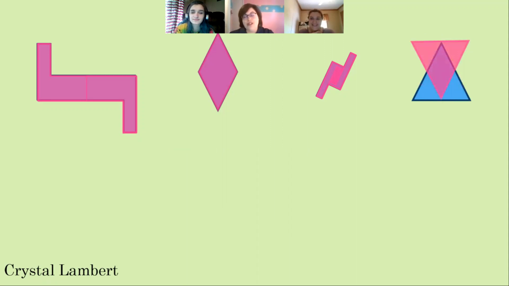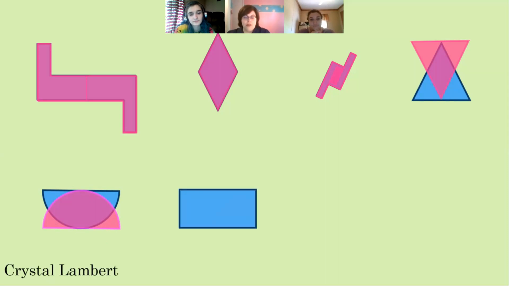No. Okay, so this does not have rotational symmetry because as you see, when we rotated it 180 degrees, it does not look like the original. Next, we're going to move on, and we have our semicircle, and we're going to spin that one around. It does not have rotational symmetry. And we're going to move on to our rectangle, and we spin it, and yes, we have rotational symmetry.